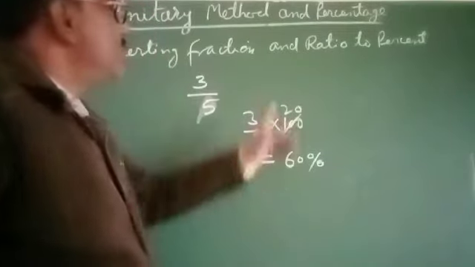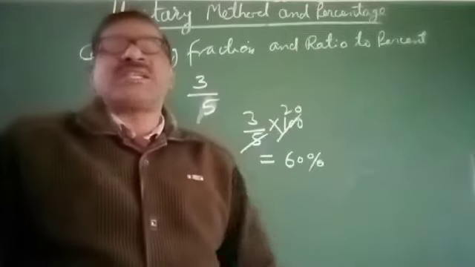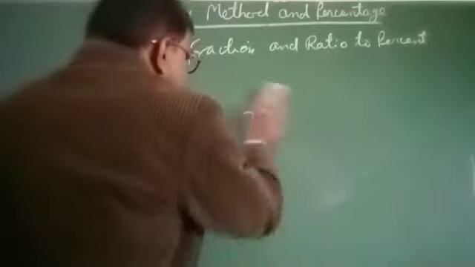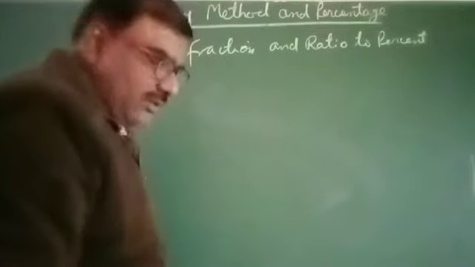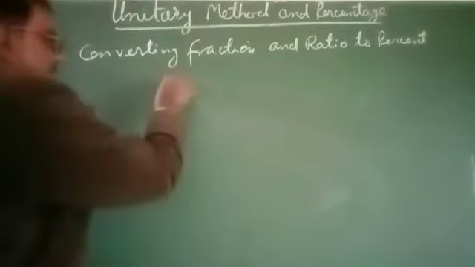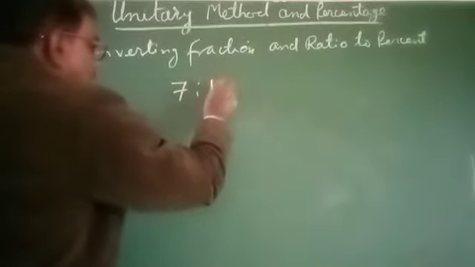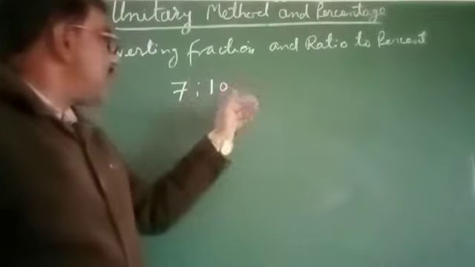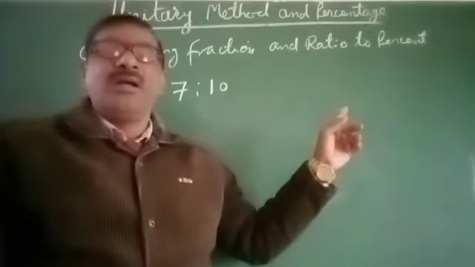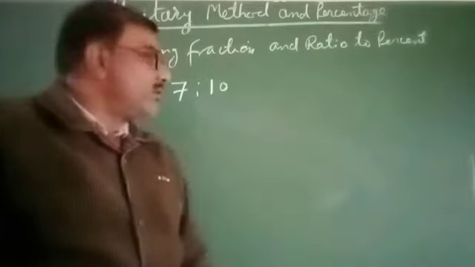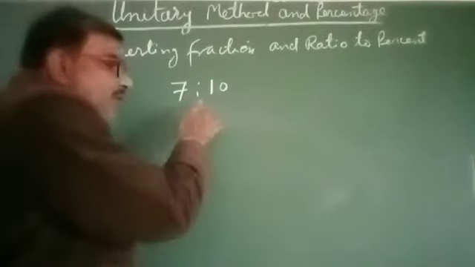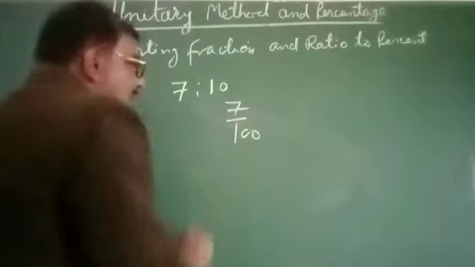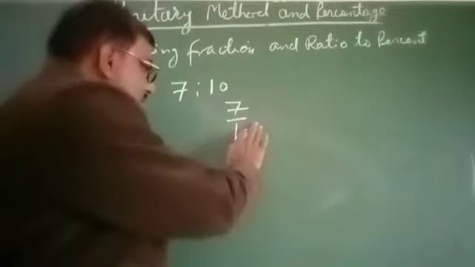Now ratio, how to convert a ratio into percent? Suppose we consider the ratio 7 ratio 10. How do we convert this ratio into percent? First of all, I will write this ratio as a fraction, 7 by 10.